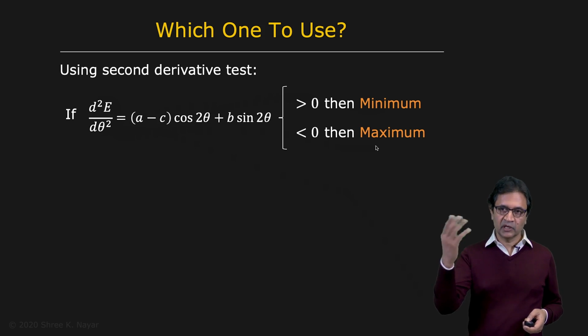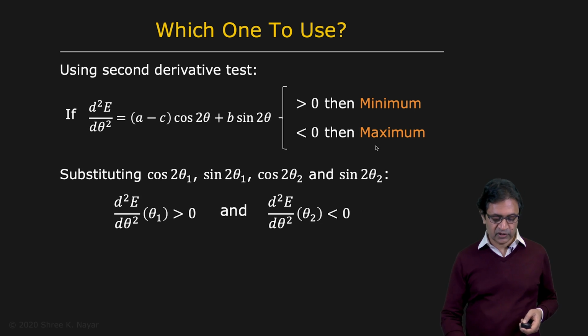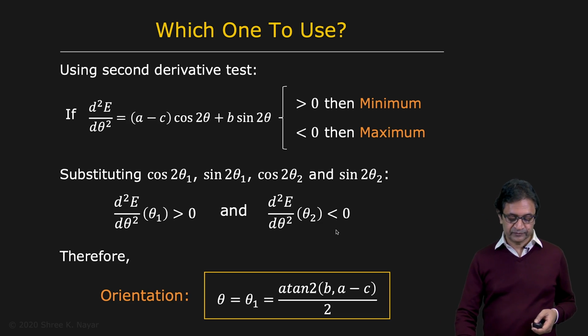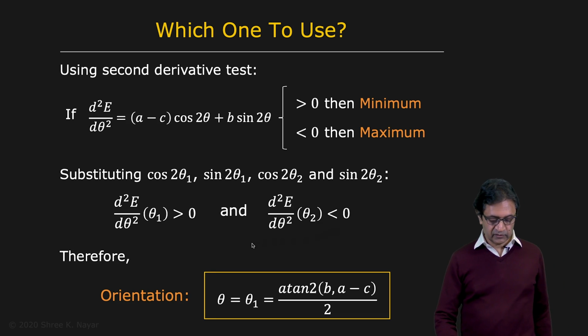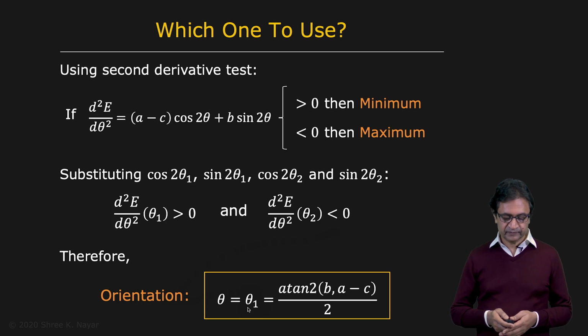So you substitute theta 1 and theta 2, your two solutions, in there, and you see that indeed for theta 1, the second derivative is greater than 0. So that is the solution we're looking for, and the other one is the maximum. And finally, we have our orientation. We can find the orientation which corresponds to theta 1, the axis of minimum second moment.